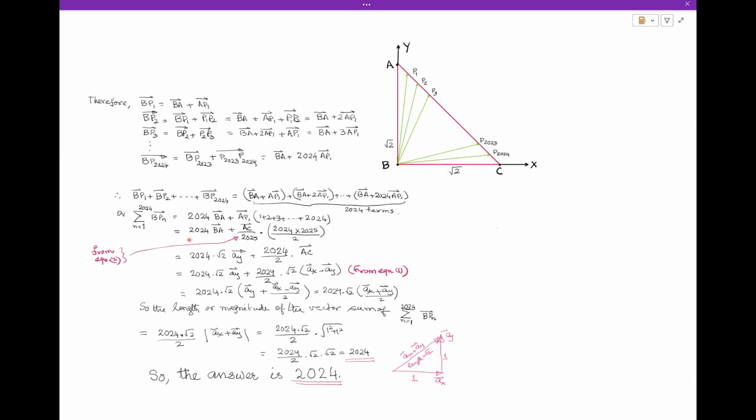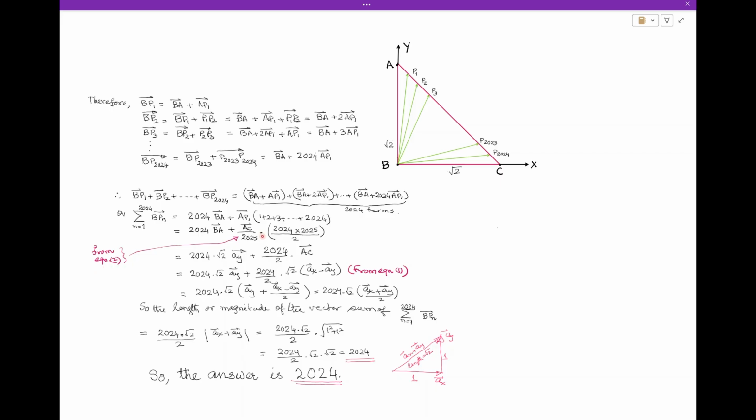And that is equal to 2024 BA as before plus AP1 vector, which is equal to AC vector divided by 2025. This we have found out from equation 2.